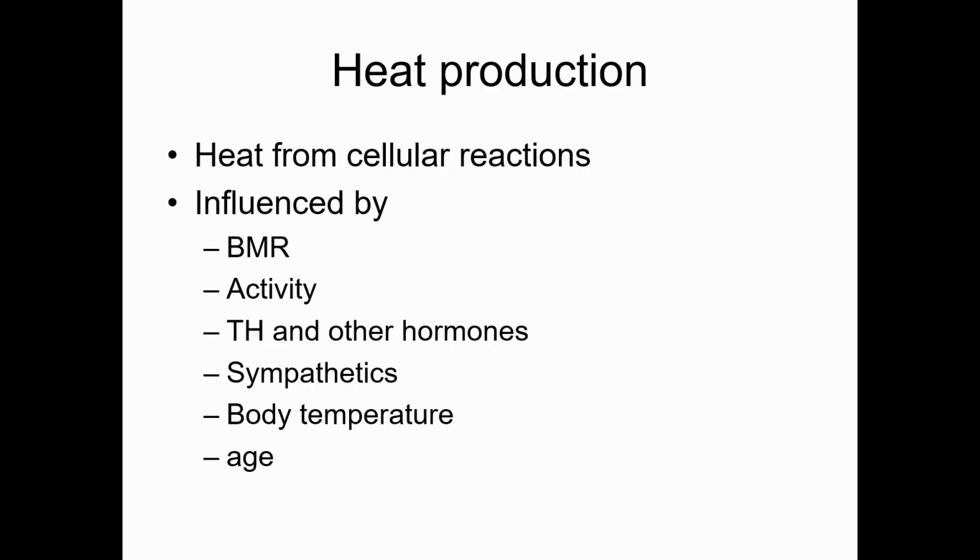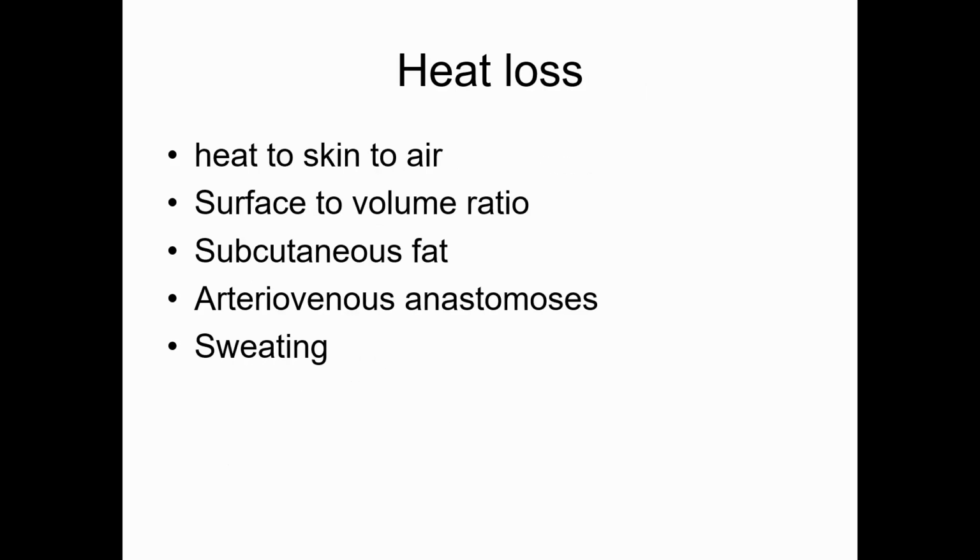Then if you exercise and move around, if you're active, you will produce more heat. Thyroid hormone, epinephrine, sympathetic stimulation increases cellular reactions and heat production. If your body temperature goes up, as with a fever, your heat production goes up. As you age, your heat production is going to go down.